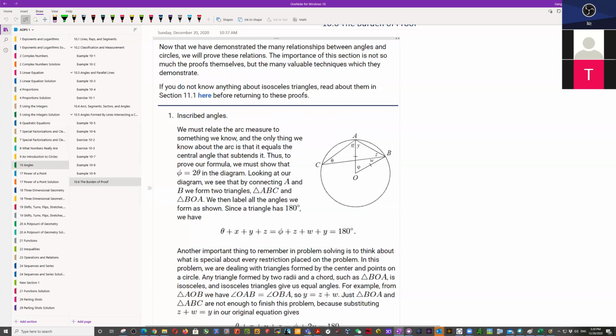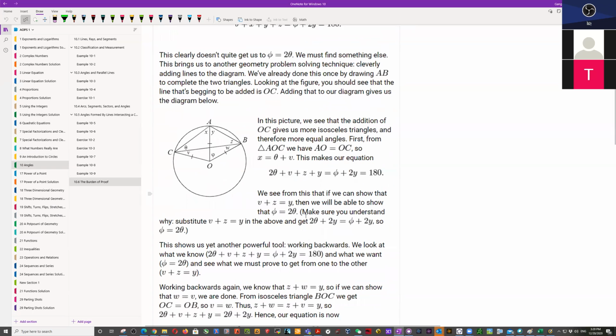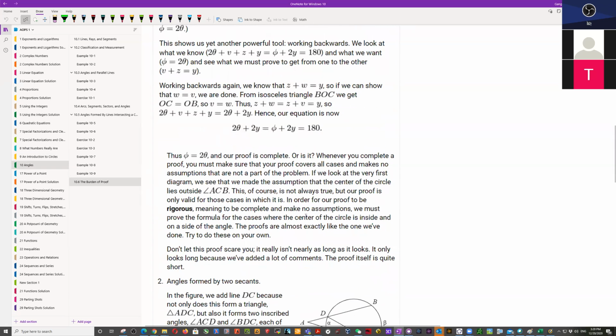Inscribed angle ACB, theta. Theta is 1/2 of this center angle AOB, phi. So here we actually have a complete proof. It's quite lengthy, but in the middle it's all quite easy.